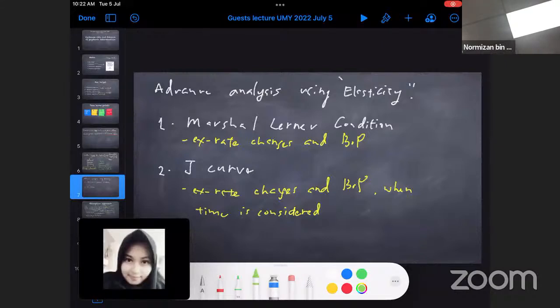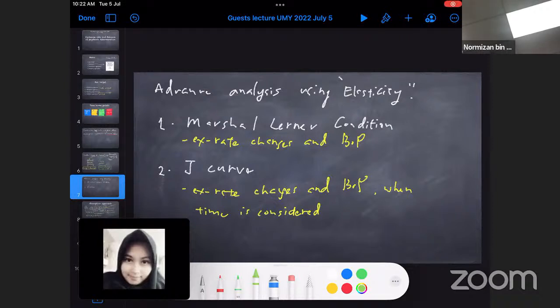Okay, and the second advanced analysis of using this elasticity. So by using the elasticity approach, we can also have the J-curve analysis. I think most of you have heard about the J-curve phenomenon. There is exchange rate change and the balance of payment. Okay, so when we consider time of effect, as the exchange rate changes, we know that the balance of payment also will change.